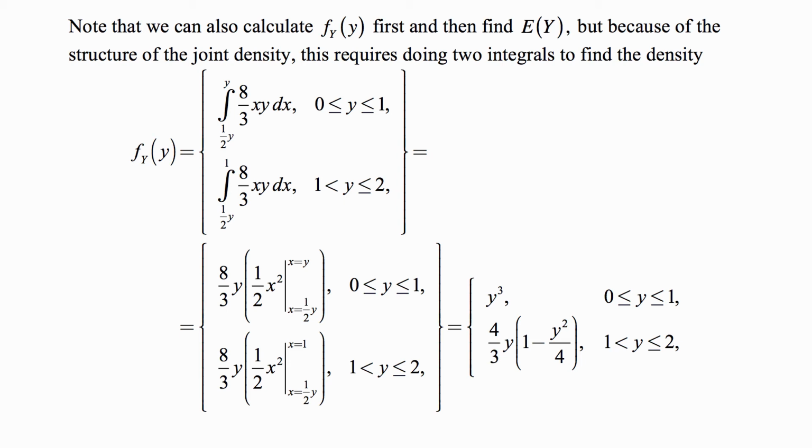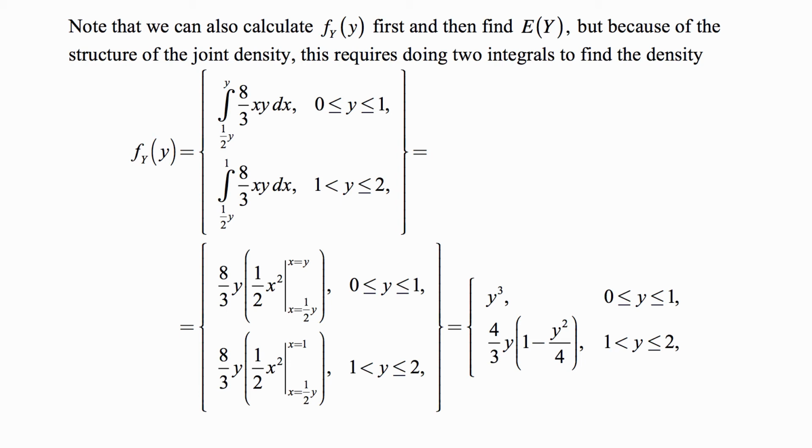If y is between 0 and 1, then we have two lines, y equals 2x and y equals x, but we need to translate them into what x equals in terms of y, which is x equals 1/2 y and x equals y. And so that's the range of possible values of x.